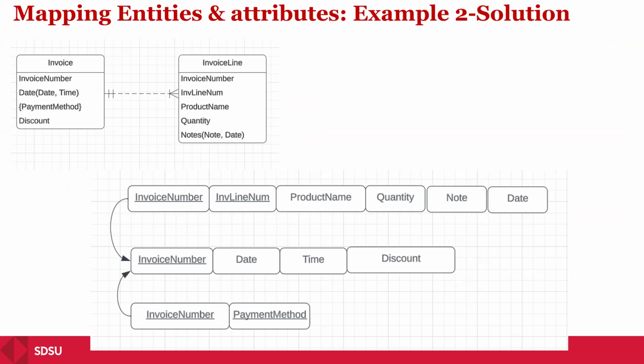We're also going to have an invoice relation with invoice number as a primary key. And please note date and time are parts of a composite attribute. And we are also going to have a separate relation for payment method that will have a composite primary key, and invoice number will also be a foreign key to the invoice number.